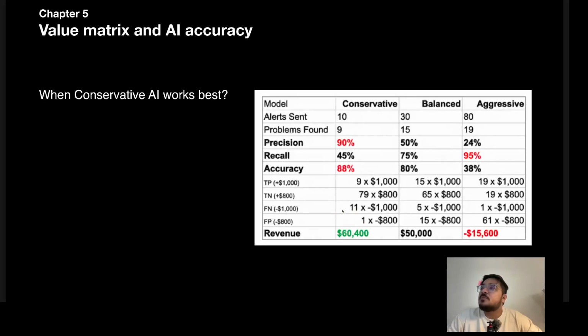Mostly, because it doesn't take any risk, the chances of getting it wrong are really low, and there is less downside to it, so mostly it will be right. Even when the true positives are there, it will be very sure, and only if it's positive will it show that. So that is where the conservative AI works best.